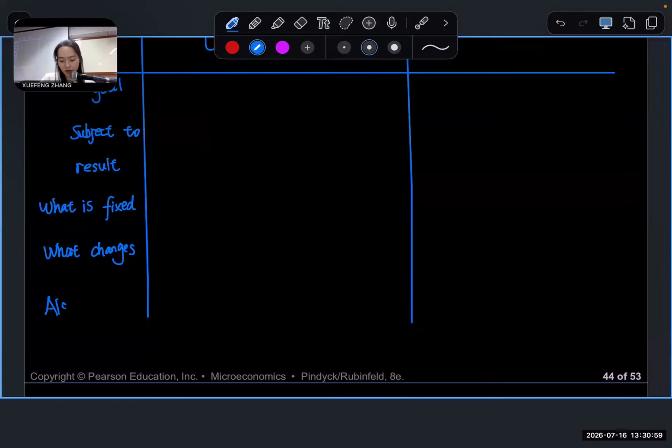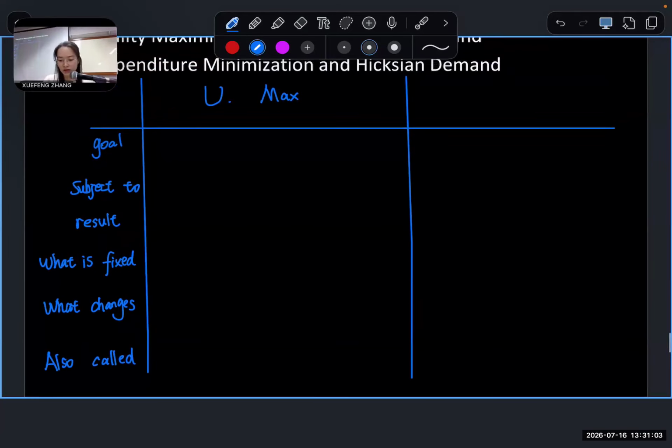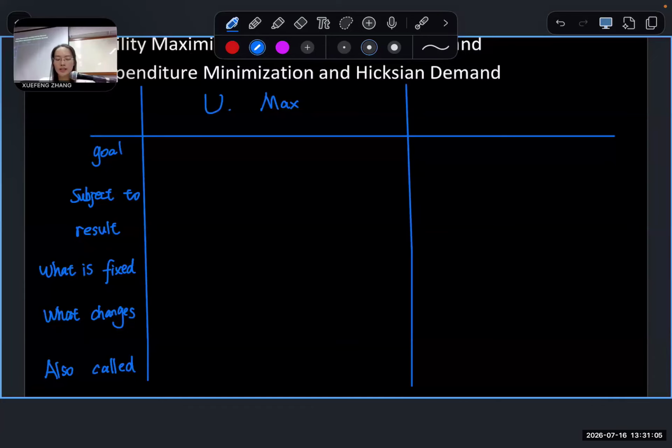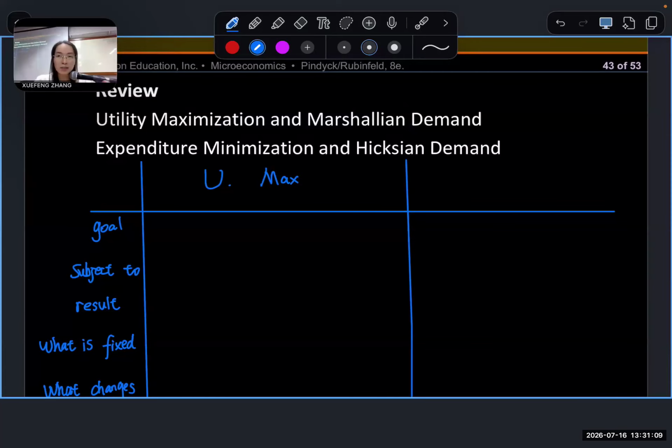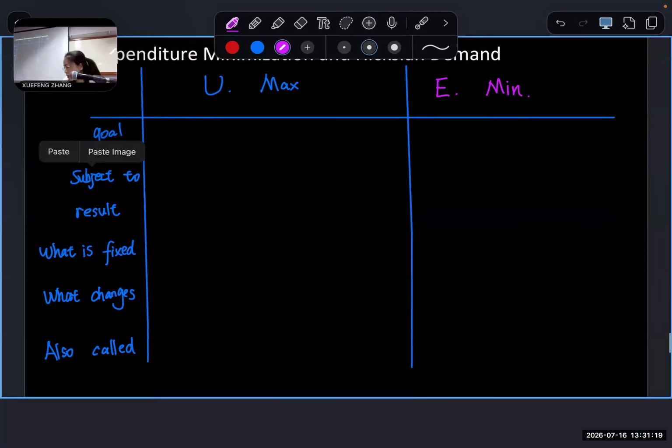Also called... okay, so first we have utility maximization and Marshallian demand, and the other way around, which is expenditure minimization. Then I'm going to talk about the difference.